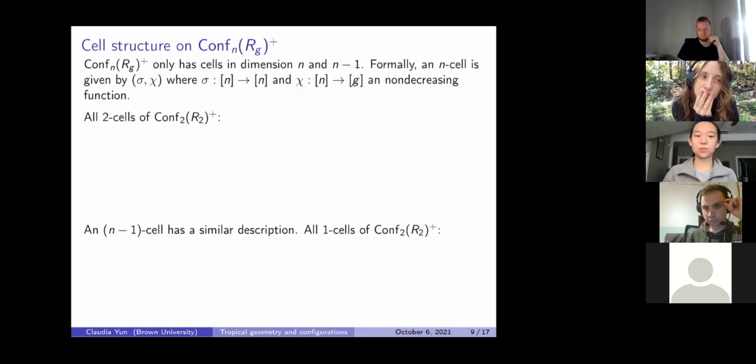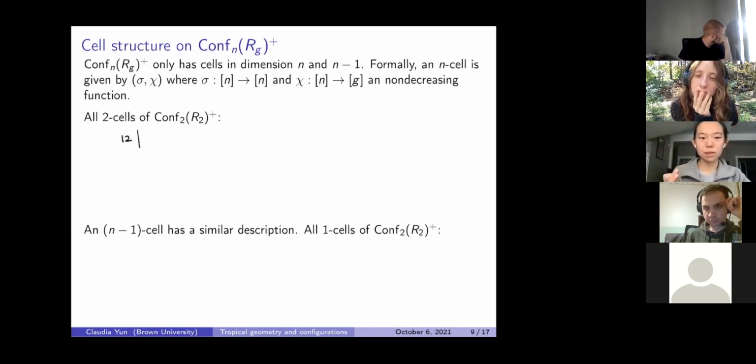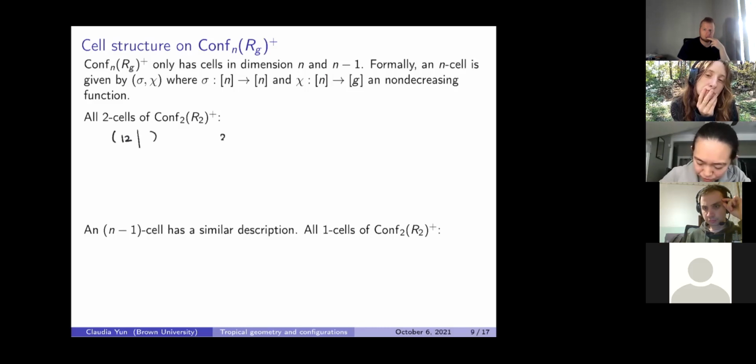And now we can try to write out all the 2-cells of our Conf_2(R^2). Well, they're going to be given by these descriptions. You have 1 and 2. I'm going to use a bar to mean a different arc. So you have 1 left of 2, and both on the first arc, and that's it. Or you can have 2 and 1 on the first arc, or you can have 1 on the first arc, 2 on the second arc, or the other way around.